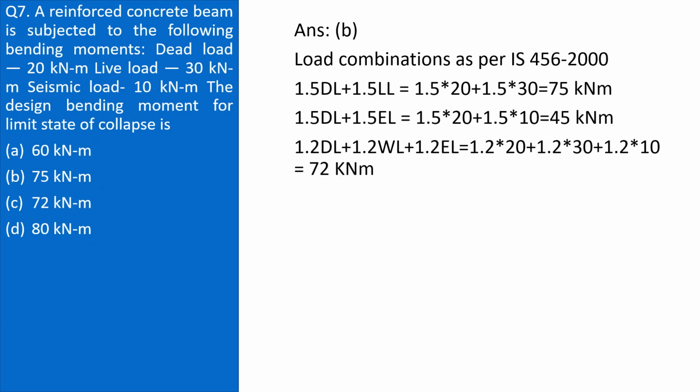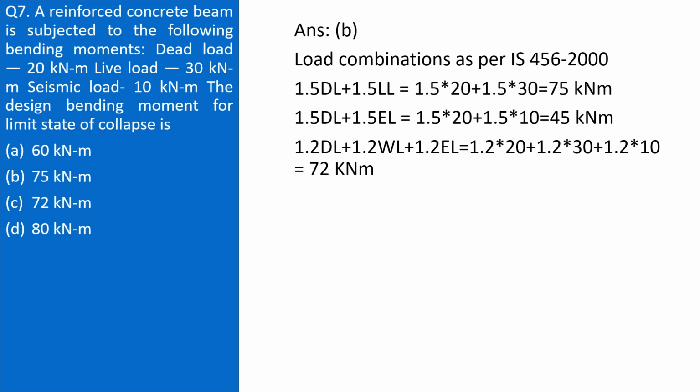Seventh one, a reinforced concrete beam is subjected to the following bending moments: dead load 20 kN meter, live load 30 kN meter, seismic load 10 kN meter. The design bending moment for the limit state of collapse. So we have different types of combinations.